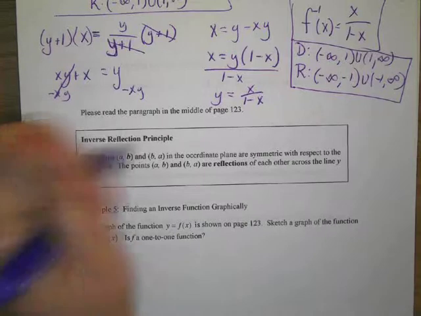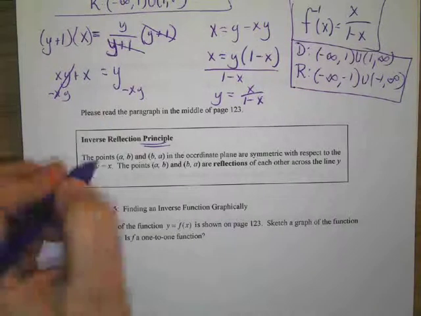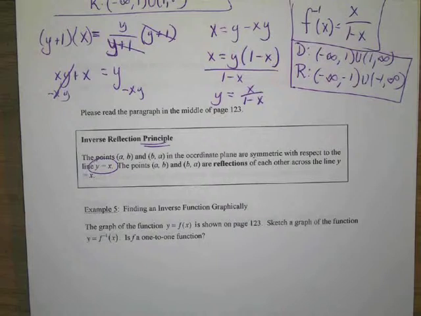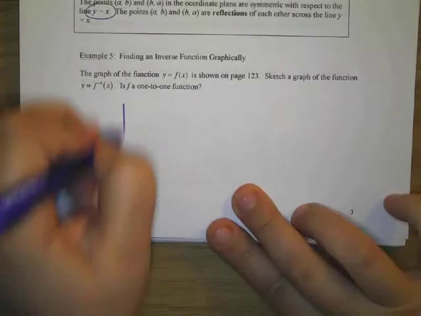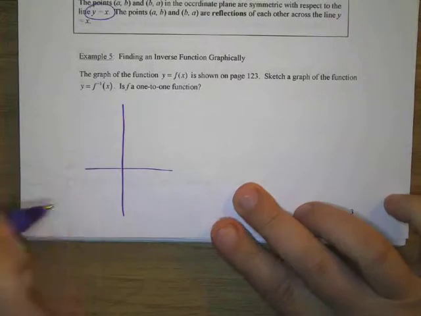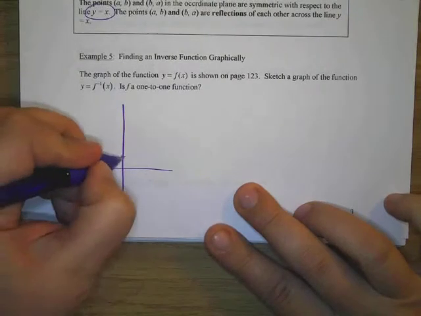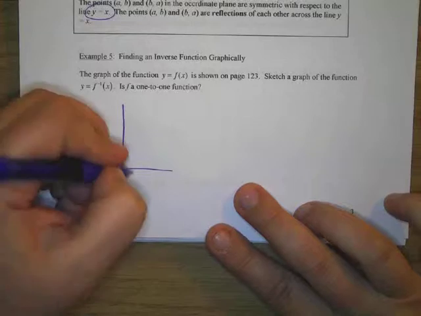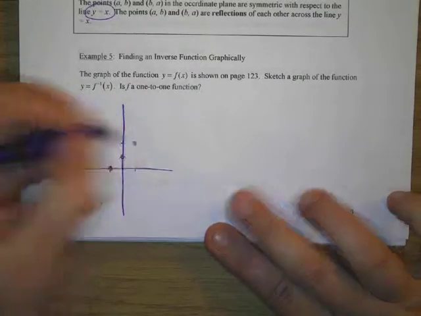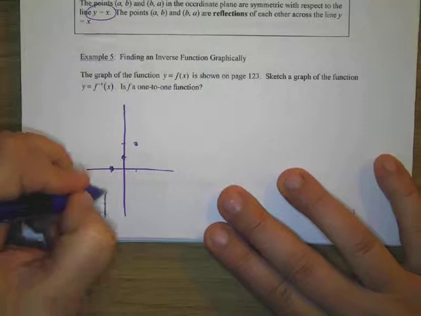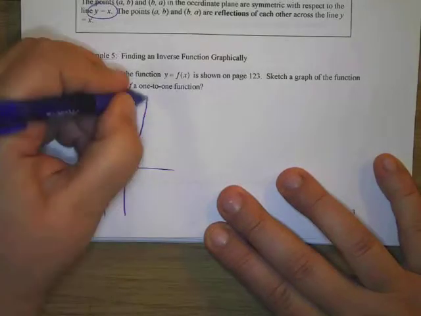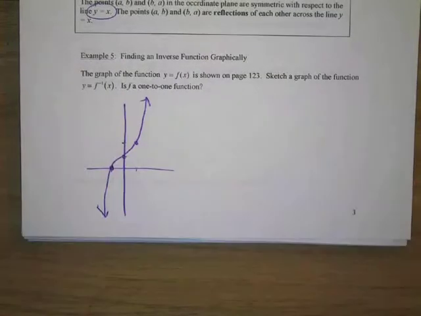When we do the reflection principle, basically we're taking the line y equals x, and we're reflecting over that line. So, if we had a function that looks like this, there's a point at -1, 0, there's a point at 0, 1, and there's a point at 1, 2 for sure. So that's what my function looks like.